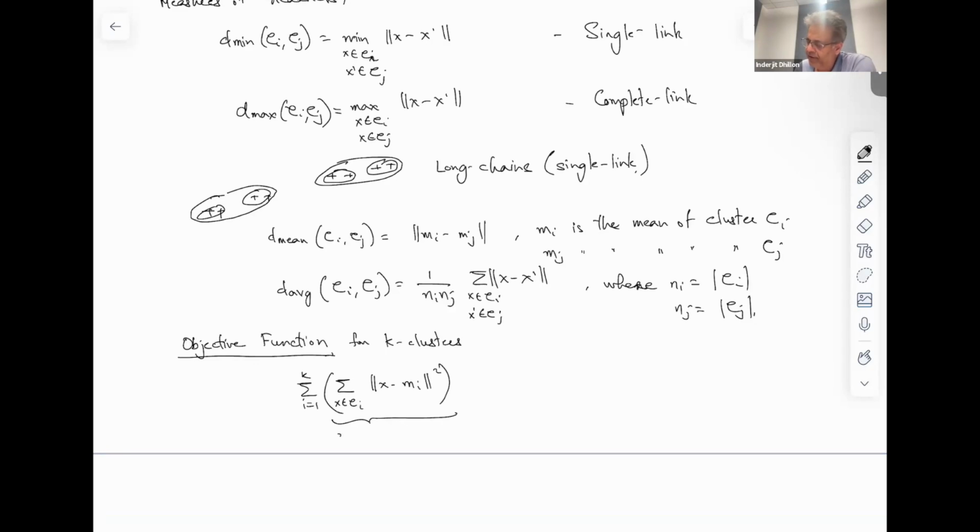Sometimes you can call it scatter or width of cluster i. And the smaller this is, the better the clustering is. And then you basically do it over all i to k.